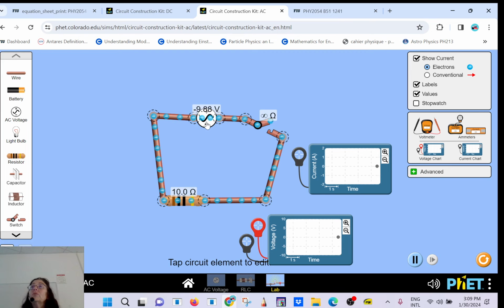The hot wire is going to increase up to the peak voltage, which is going to be 170, but when you measure, you get 120. I will explain why. But anyway, it's going to increase, then decrease, and then increase again.